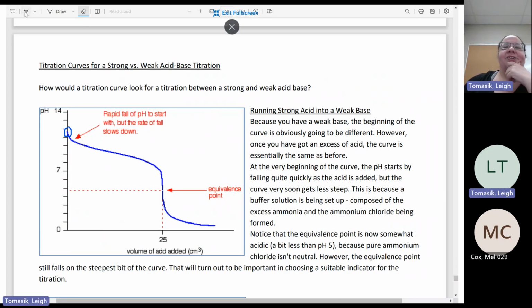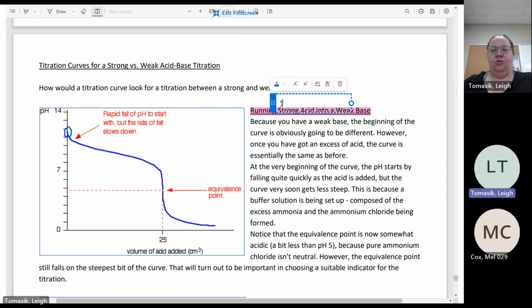The first graph shows us a strong acid into a weak base. So the weak base, because it's a base, right? So this is the titrant, and this is the analyte.